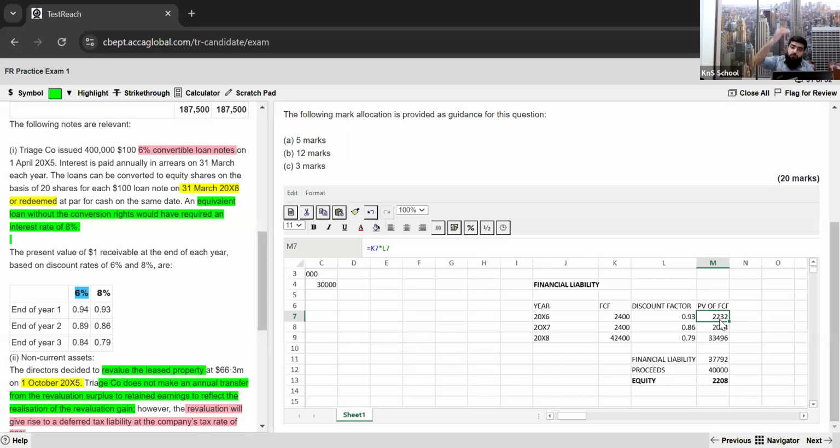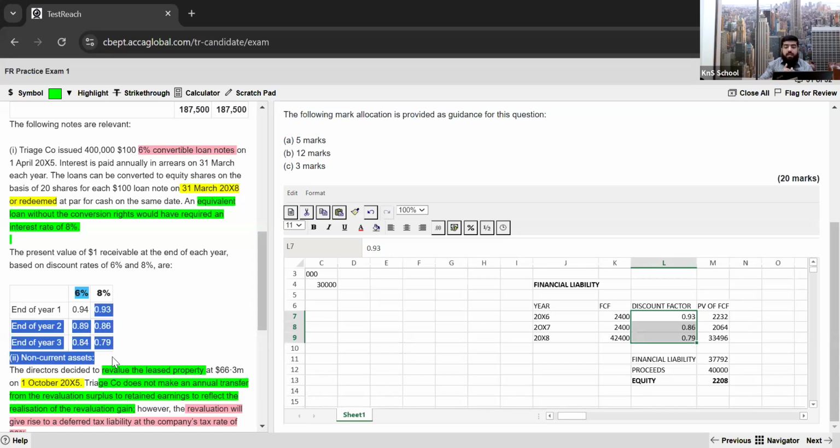Why? Because it's a future obligation, and if we are going to record it right now, we have to calculate the present value. So we have calculated the present value by multiplying by the discount factors. These discount factors are already given in the question. Why have we taken the 8%? Because present values are calculated using the effective rate.